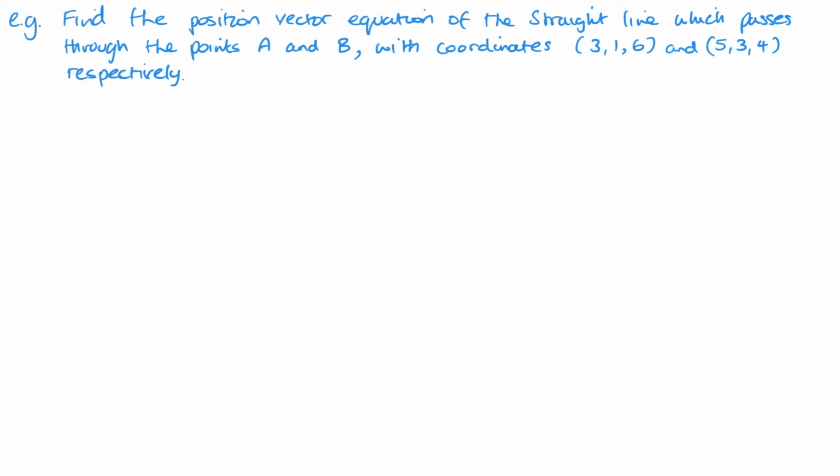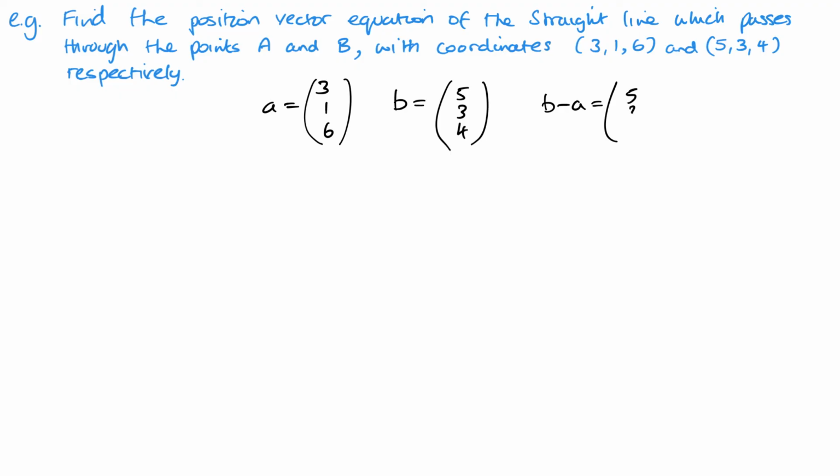Second example here, now we're going to have 2 points, A and B. So the position vector of A is the same as the coordinates of A, and the same goes for B. Now we need the direction, so that is going to be B minus A. So 5, 3, 4 minus 3, 1, 6.